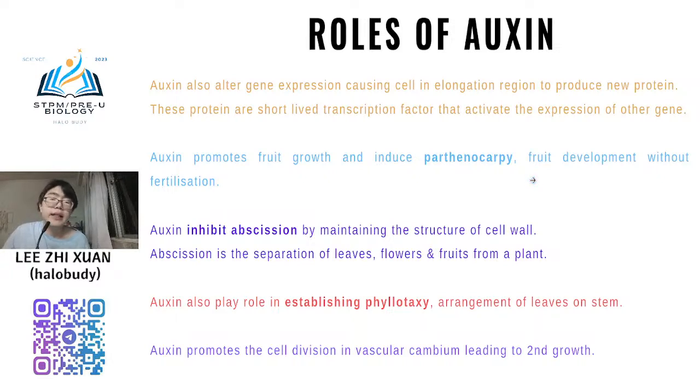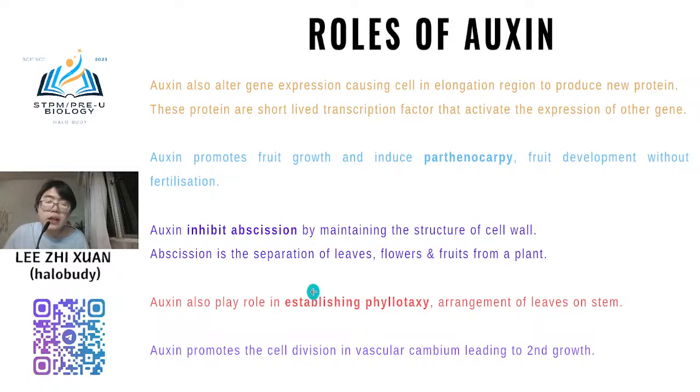Okay. And then there are also other functions. Auxin can also alter gene expression, causing cell elongation to produce new protein. It also promotes fruit growth and induces parthenocarpy without fertilization. Auxin can also inhibit the abscission process to maintain the structure of the cell wall.